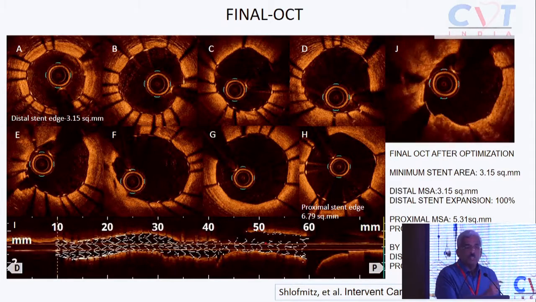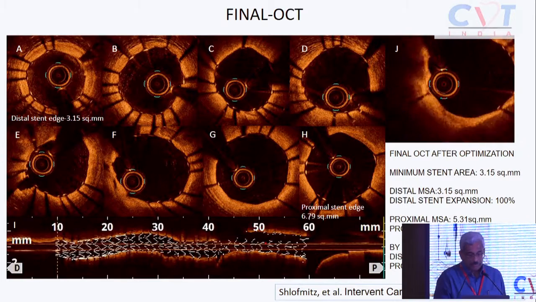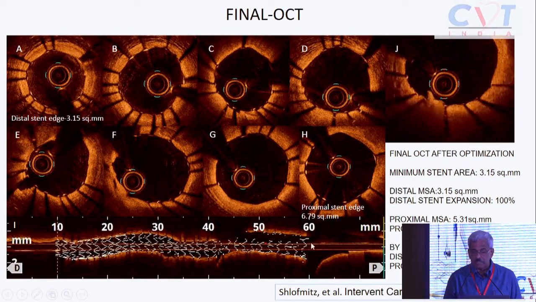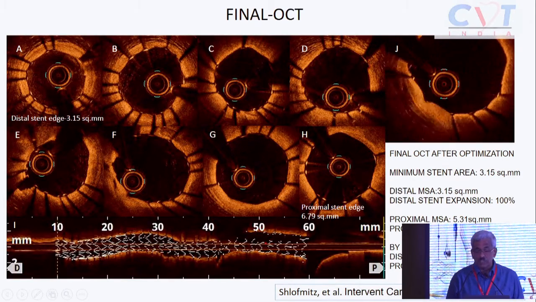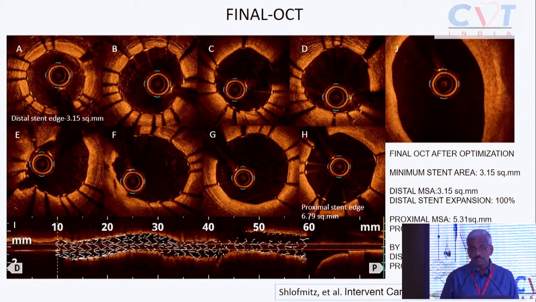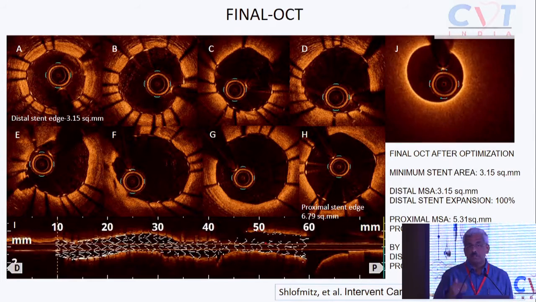If you push this further, you're not going to get any benefit, you're going to get a complication. You come proximally here, the proximal stent edge is 6.7 here, it's 82%. Ideally, by ILUMIEN, we should get to 90. We are still at 82%, which is not bad, but we should have got it to 90.